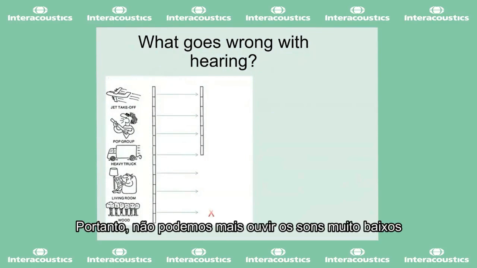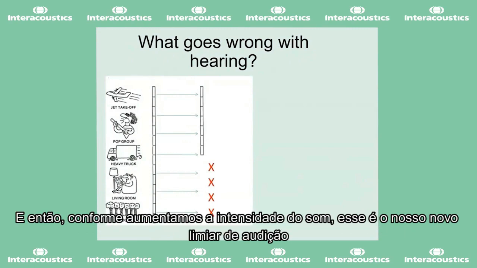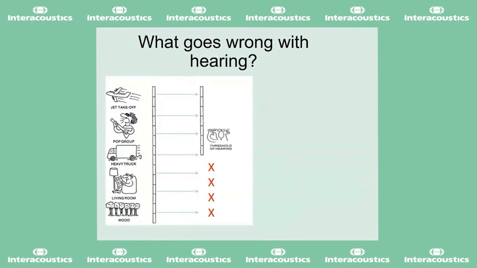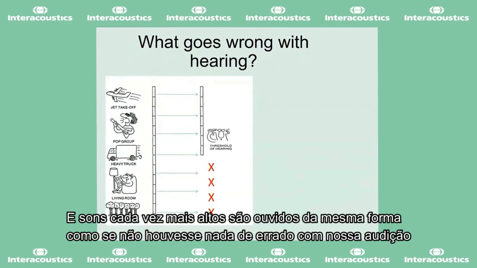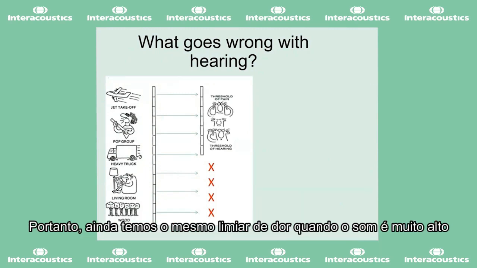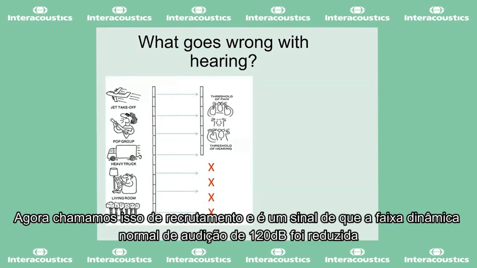So for the very quiet sounds, we can't hear them anymore. Then as we increase the intensity of the sound, that's our new threshold of hearing, and louder sounds are actually heard the same as if there wasn't anything wrong with our hearing. So we still have the same threshold of pain when the sound is too loud. We call this recruitment, and it's a sign that the normal 120 decibel dynamic range of hearing has been reduced.